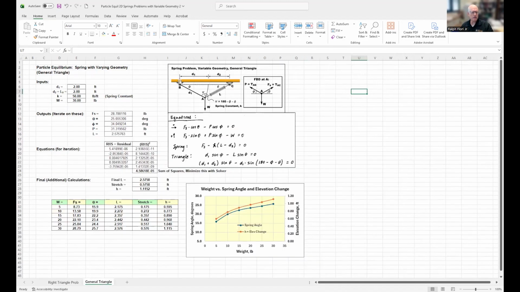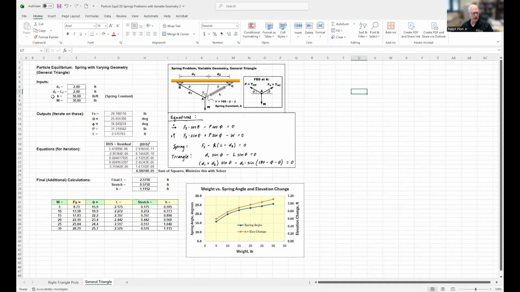So this problem is a general triangle where my system, at the original position of my system, was horizontal. And so there's a fixed length D1, and then an original unstretched length of the spring D2. And these are the inputs here.